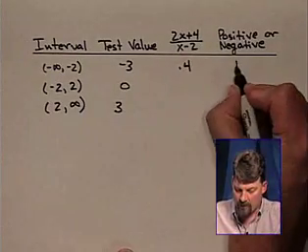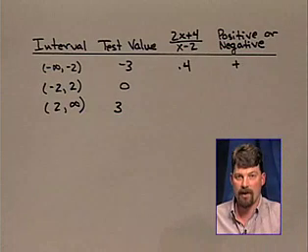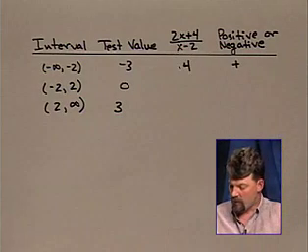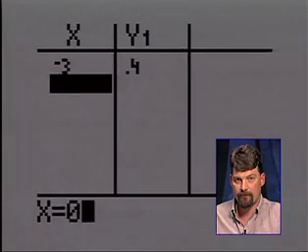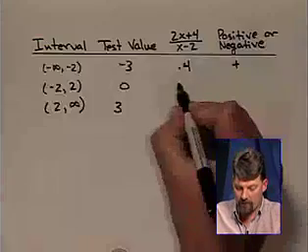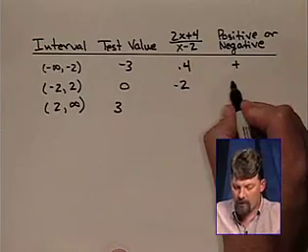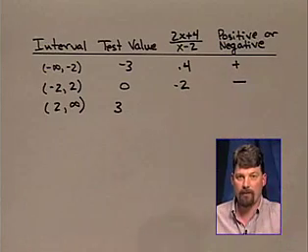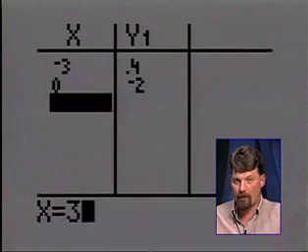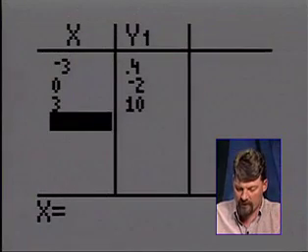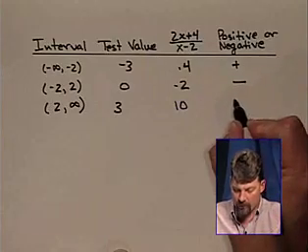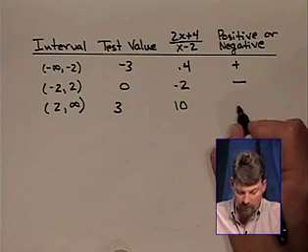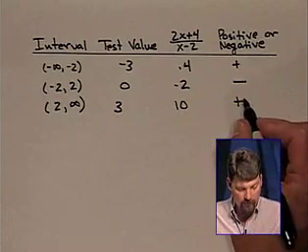And that's positive, so that tells me the rational function is positive on that interval. The next one we need to check is 0. That gives me negative 2. It tells me the rational function is negative on that interval. Finally, we need to check 3. That gives us 10, so we know the rational function is positive on that interval.